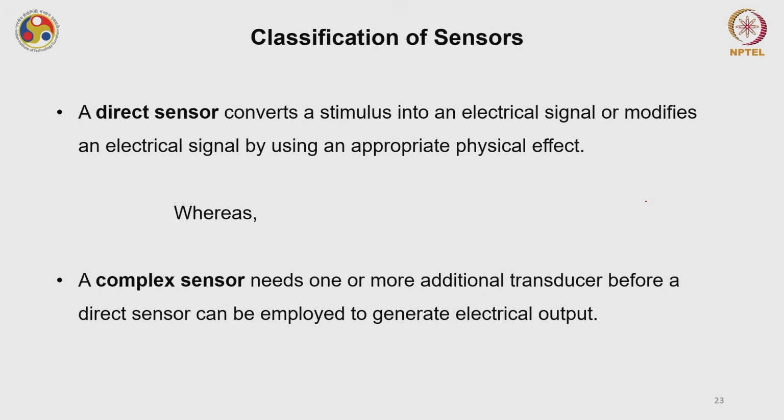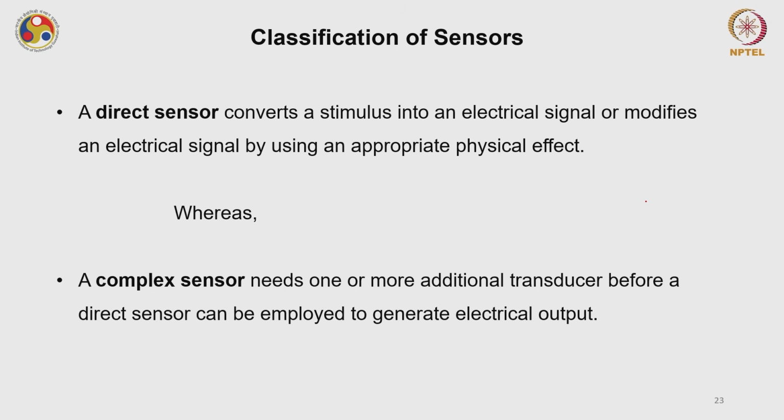To define, a direct sensor converts a stimulus into an electrical signal or modifies an electrical signal by using an appropriate physical effect. Whereas a complex sensor needs one or more additional transducers before a direct sensor can be employed to generate an electrical output.